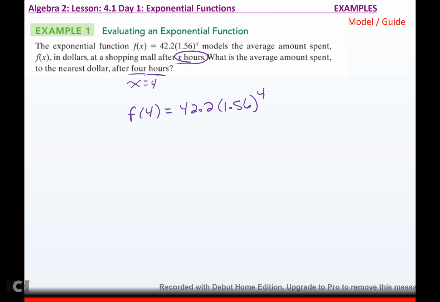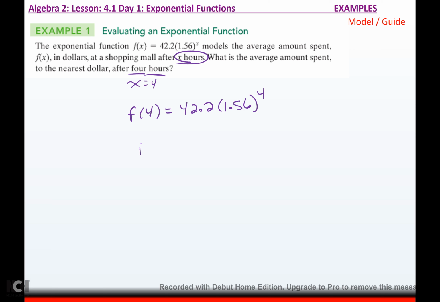And then we're going to type that in the calculator. Give me just a second. I got to get my calculator. So I have 42.2 parentheses 1.56 caret 4.